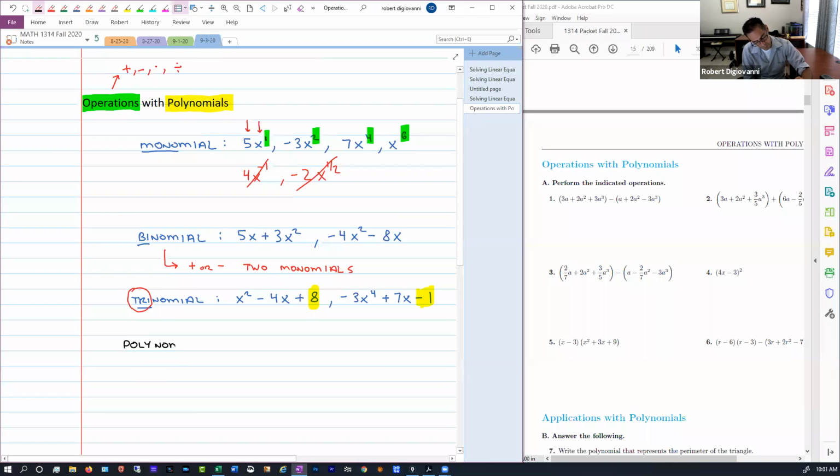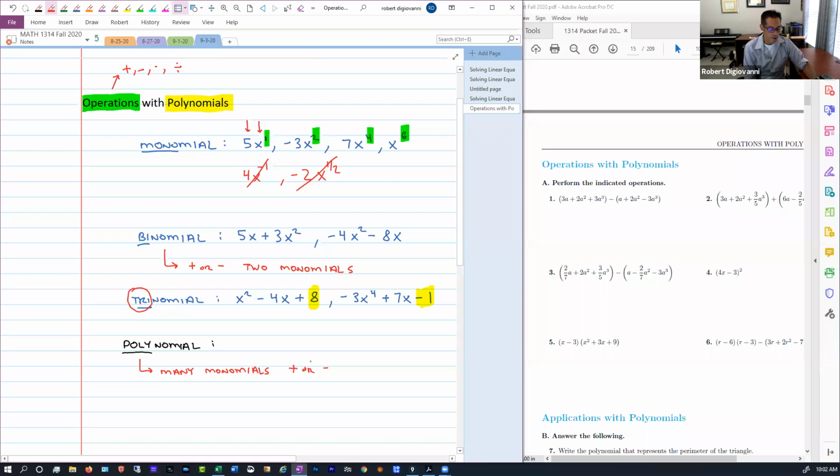Polynomial. Does anyone know what the word poly stands for? A bunch, or like a multiple. A bunch, yeah, exactly. It actually stands for the word many. So this is many monomials added or subtracted.